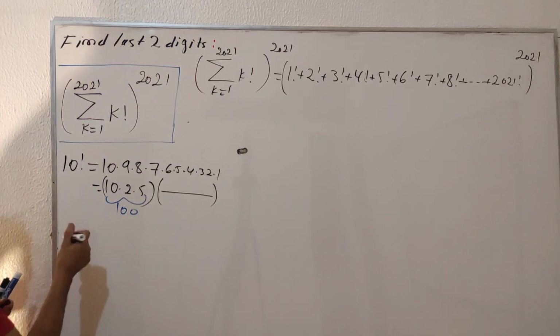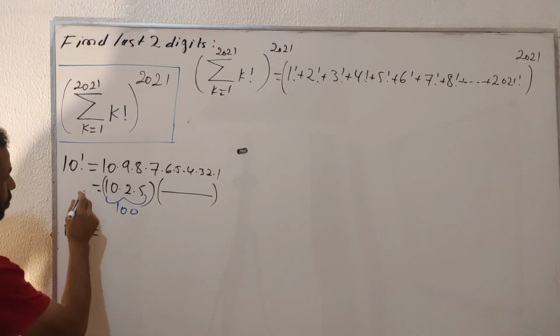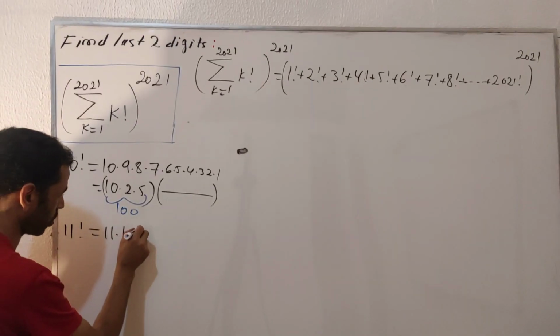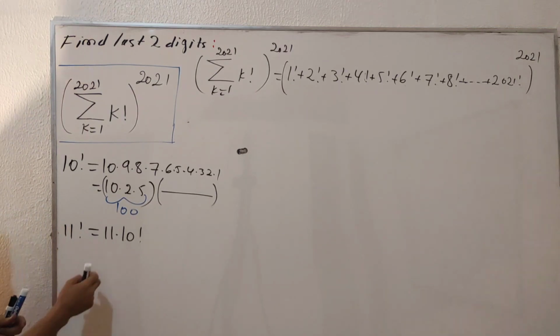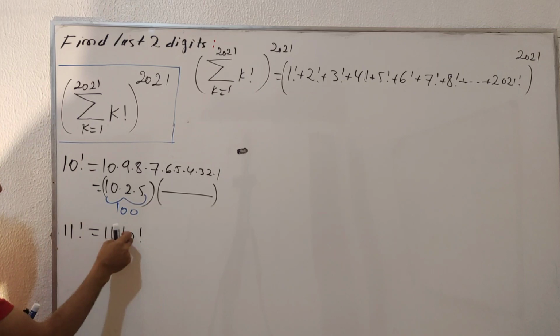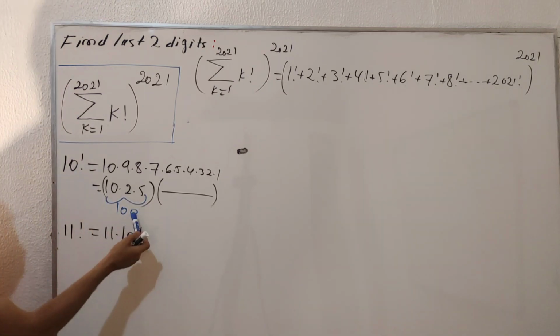Let's move on to the next value after this one, which is 11 factorial. 11 factorial will be written as 11 multiplied by 10 factorial. We already have 10 factorial here, and we know 10 factorial is congruent to 0 mod 100.